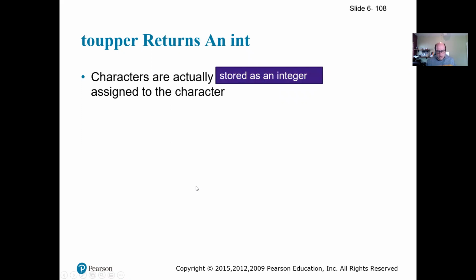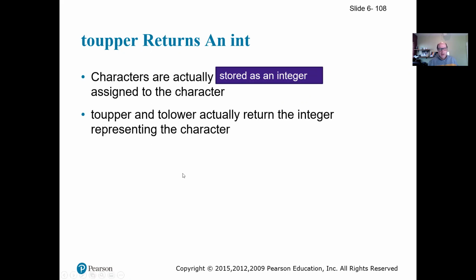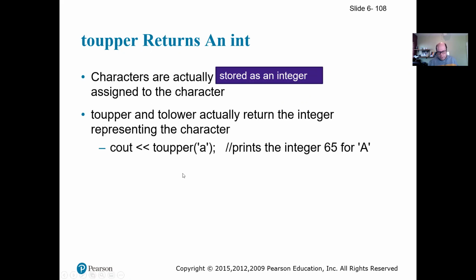Pay attention to this: characters are actually stored as numbers, not as characters. That's the way C++ likes to do things, numbers. So when we call toupper or tolower, they return a number.